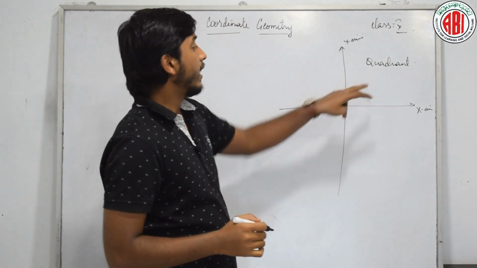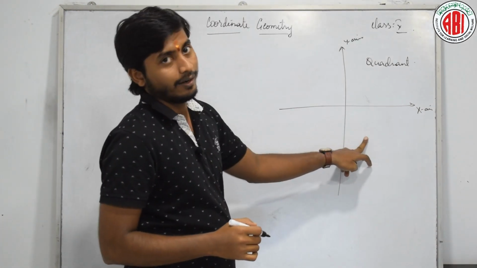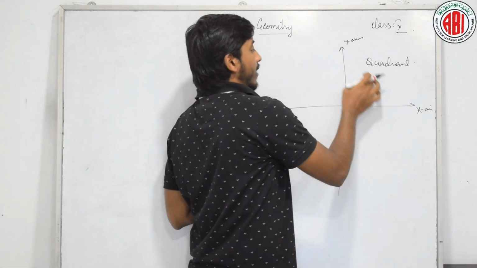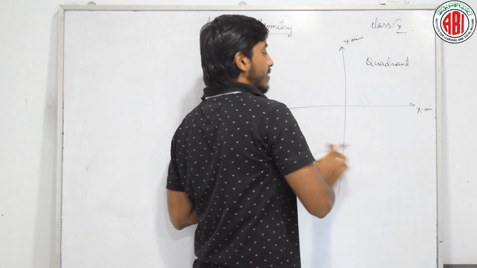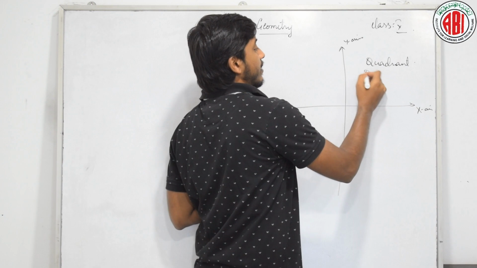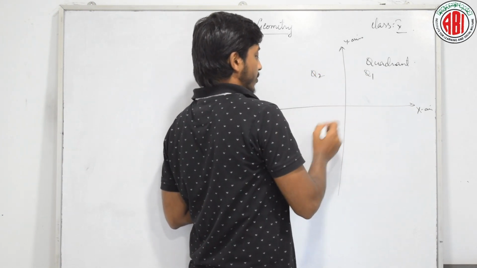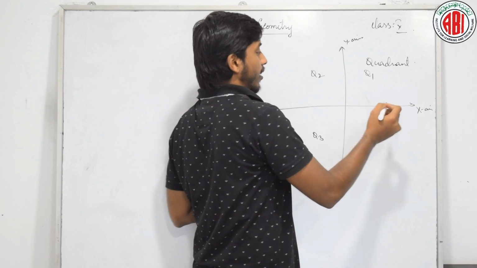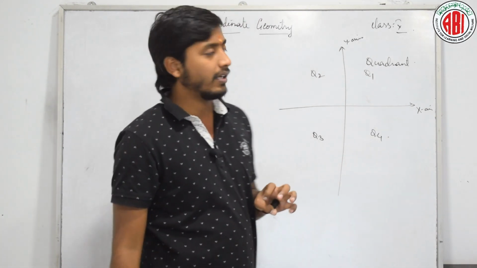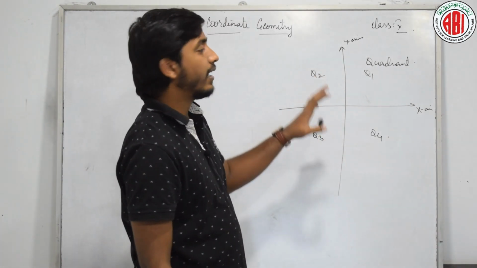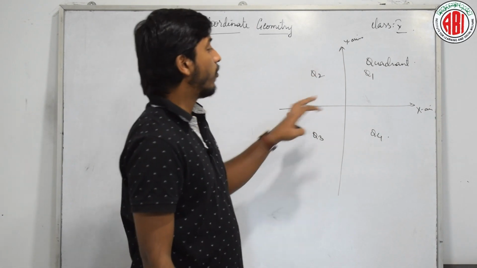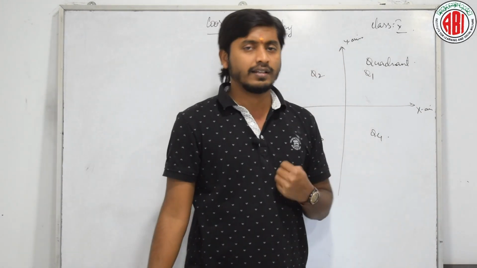Each part is called a quadrant, where the direction will always be anti-clockwise. This is named quadrant 1, this is quadrant 2, this is quadrant 3, and this is quadrant 4. This is how we segregate the whole 2D plane into 4 different quadrants, right?